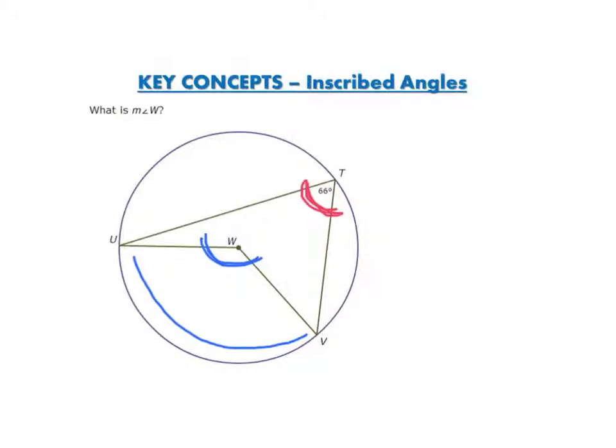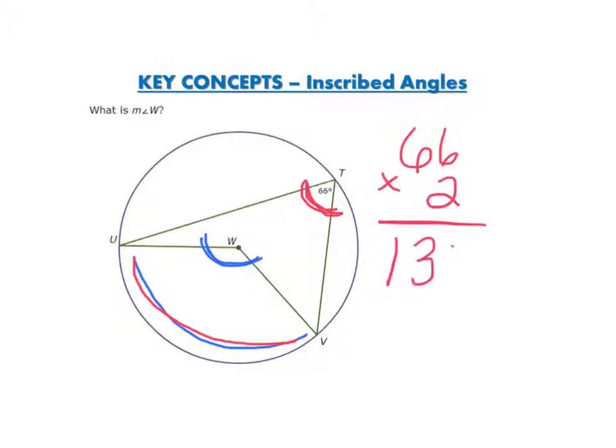So all I have to do is take 66 times 2, because 66 is 1/2 of whatever that is. So I multiply it times 2, and I get 132. To make sure I'm right, I just take half of 132, and I see that it is 66. So the measure of angle W is 132 degrees.